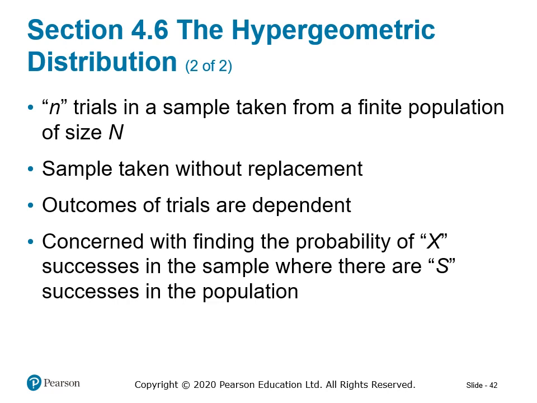So the outcomes of the trials are dependent, if for no other reason, because we're taking stuff out of the sample without replacement. We're concerned with finding the probability of x successes in the sample where there are S successes in the population. I wish I wouldn't have used S because that's what we were using for sample size.